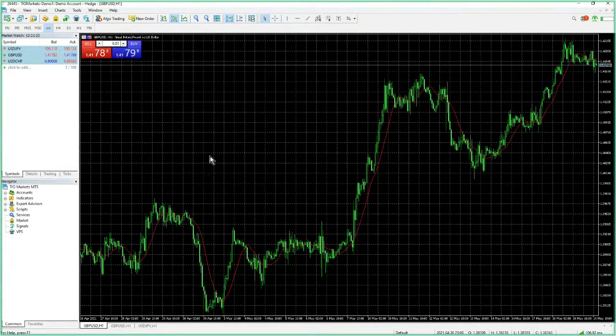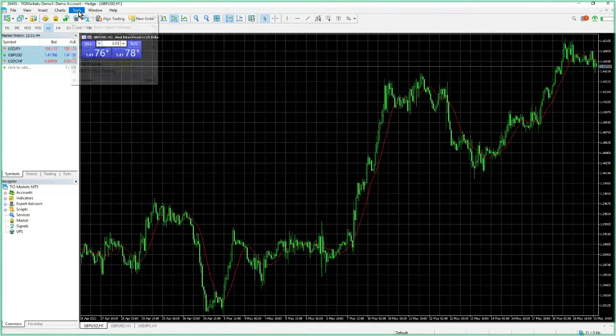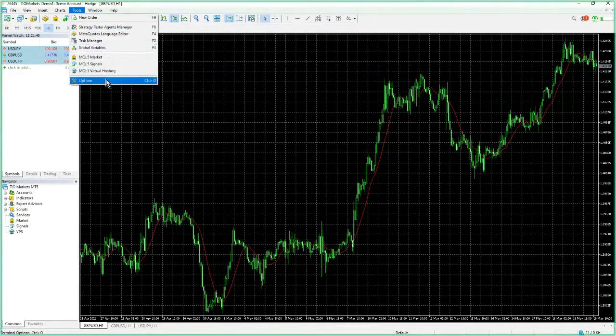Anyway, so this is how it looks. Before we open a trade, I'm going to show you some of the things that I always do when I open the MetaTrader platform for the first time, because I find all the noises and sounds annoying. This is one of the first things I do. I go to the Tools menu and I choose Options.